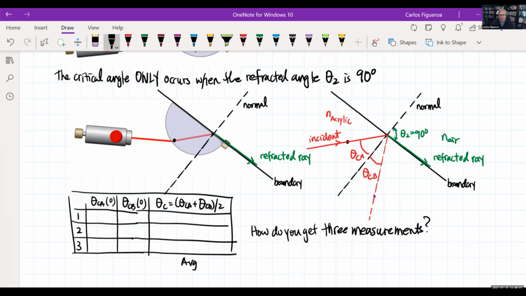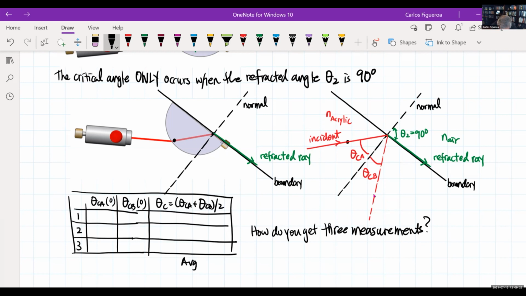What I would do here is I would pick up the half circle, move the paper, and then adjust it again so that you can get a different measurement. So just repeat the measurement 3 times.